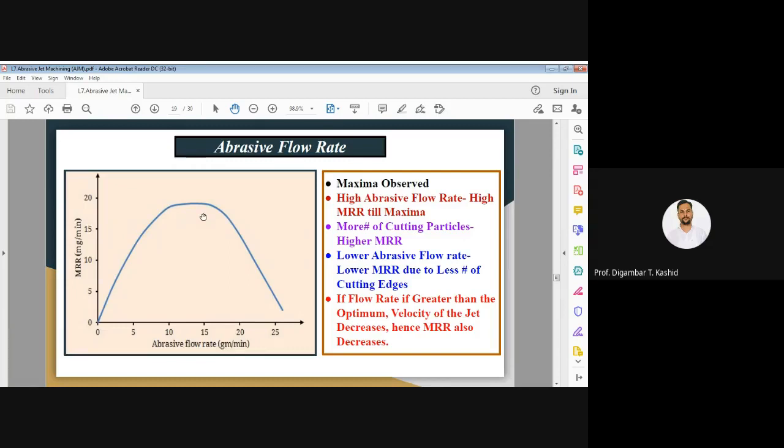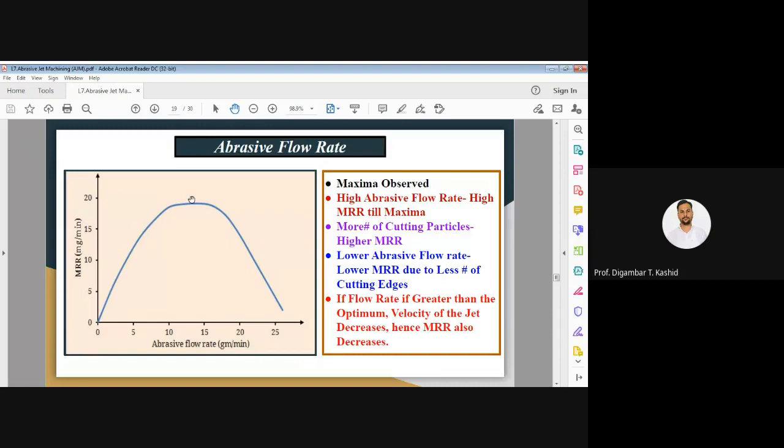Now if you keep increasing the flow rate beyond the optimum value, that is beyond the maximum point I have shown, what will happen is the velocity of the jet decreases, and due to the decrease of velocity, your material removal rate also decreases. Because the force of your jet is distributed among a larger number of particles, the average velocity of the jet decreases.